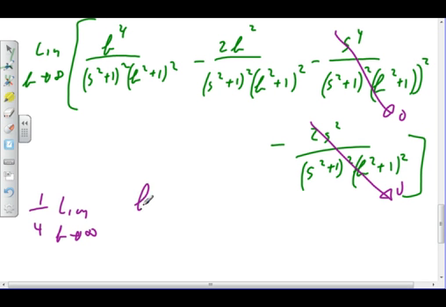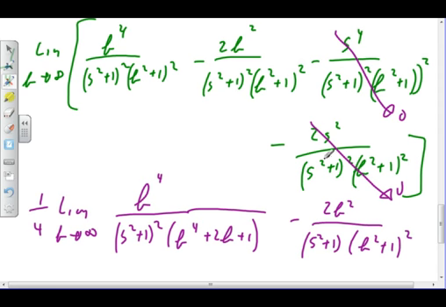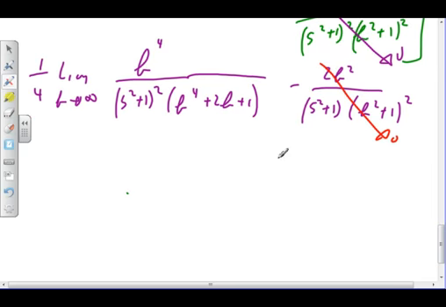Okay, I've got b to the fourth over s squared plus 1 squared times b to the fourth plus 2b squared plus 1, minus 2b squared over s squared plus 1 times b squared plus 1 squared. This term goes to 0. All right. Now I'm going to multiply top and bottom by 1 over b to the fourth.